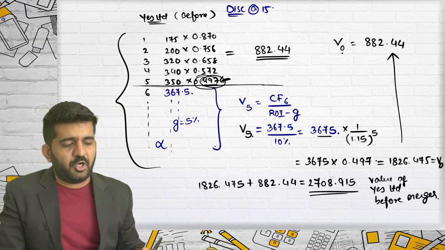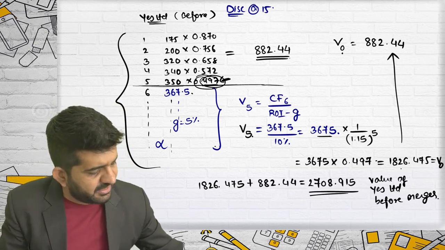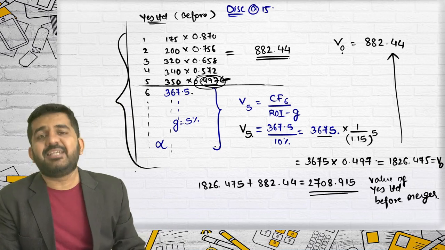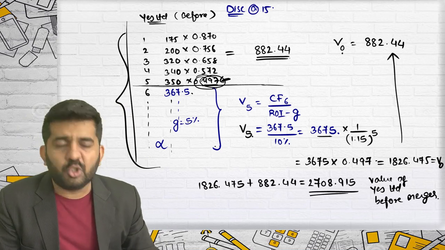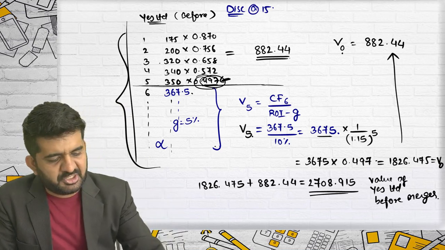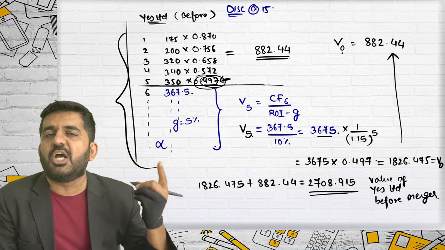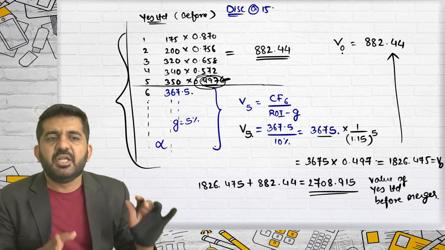Sir, how to find out the value of merged entity in the same manner? Exactly the same manner. Growth rate will become 6%. The figures will change. Discount rate will remain 15%. Same method.